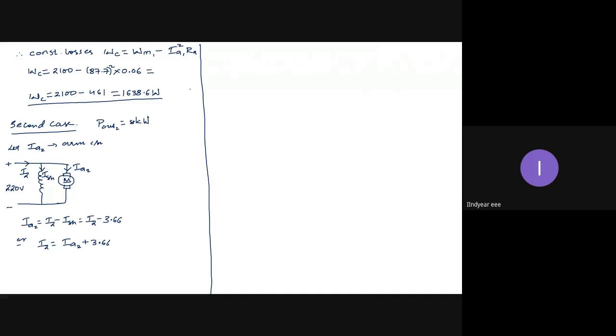Now, I know the output power. So input power P in is equal to P out 2 plus WM2, that is total motor losses. But what is WM2? WM2 is equal to IA2 square RA plus constant loss.